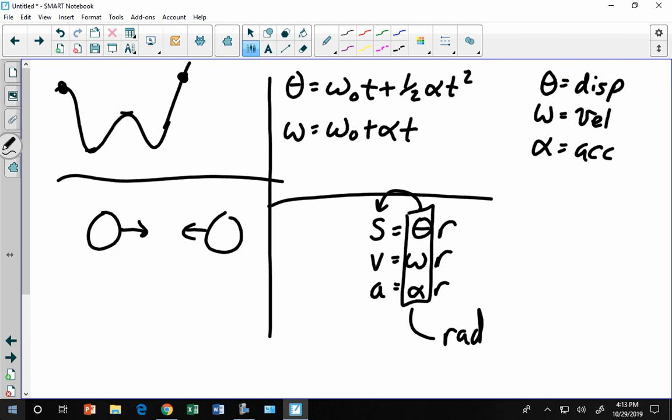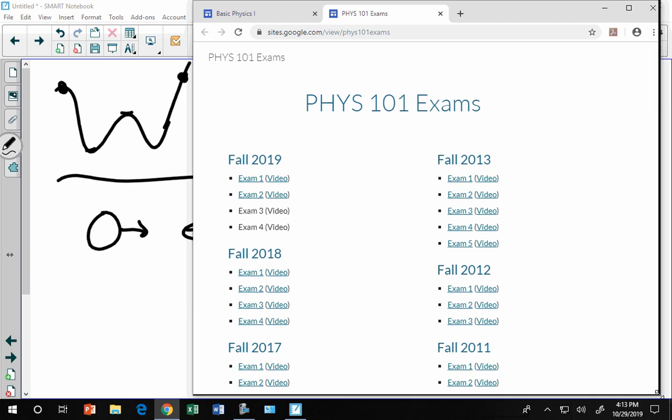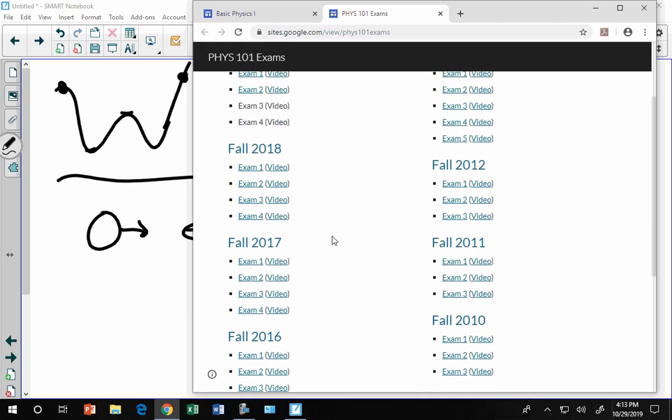Okay. What do you want to look at first? Yeah, rotational kinematics. All right, let me pull up some old exams, and we'll sort of go through those first, and then we can go back and look at exam 3 of fall 18. Is that okay?